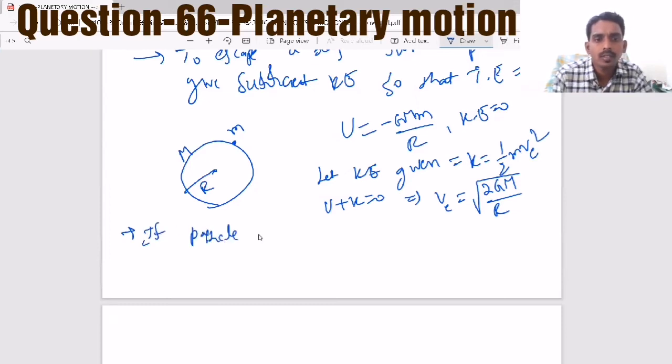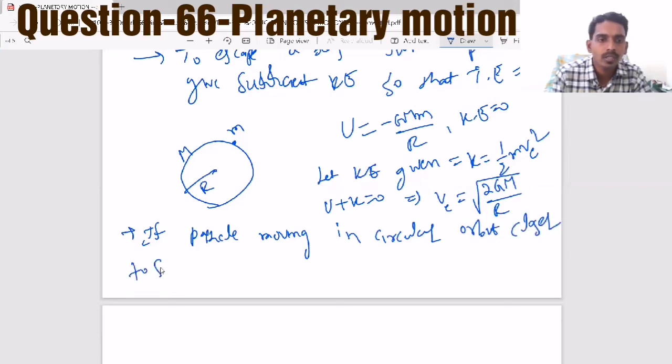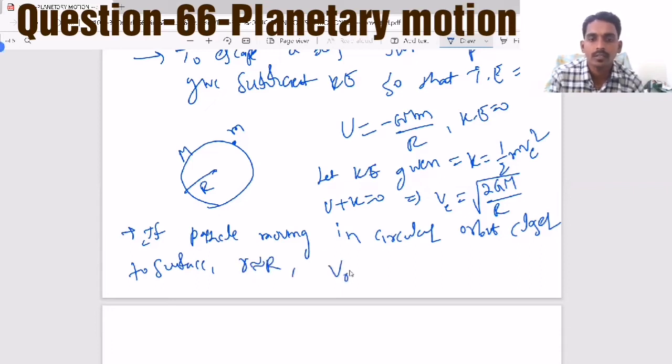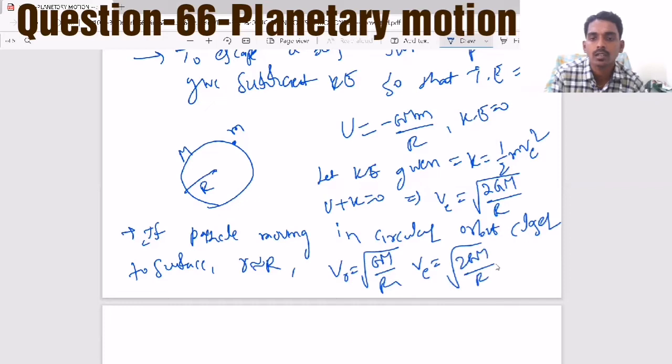Now if a particle is moving in a circular orbit closer to the surface, then r approximately we will take as capital R. Then v naught will become under root GM by R, and v e will become under root 2GM by R. That is root 2 times v naught.